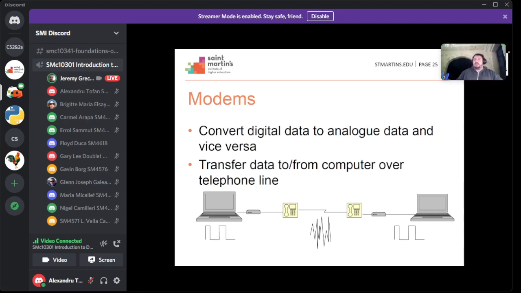So essentially, each computer, or each device from their end, needed this modem, which allowed for conversions.